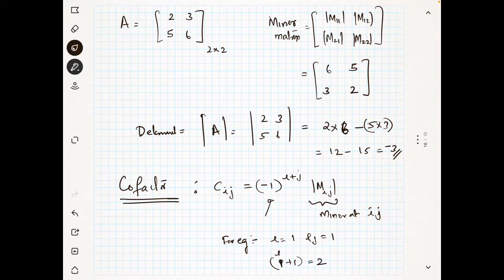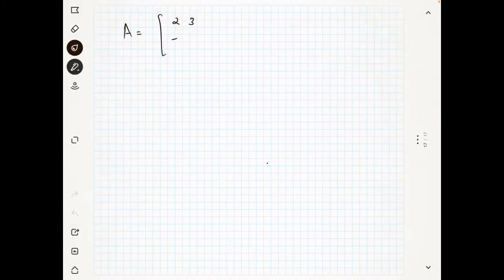That means i plus j is equal to 2, then it will be -1 to the power 2 which is nothing but +1. So the sign will not be changing. That I will discuss. You see here the matrix A is having the elements 2, 3, then 5 and 6.